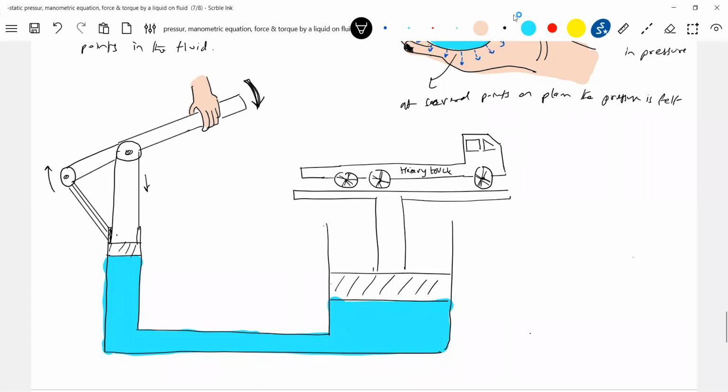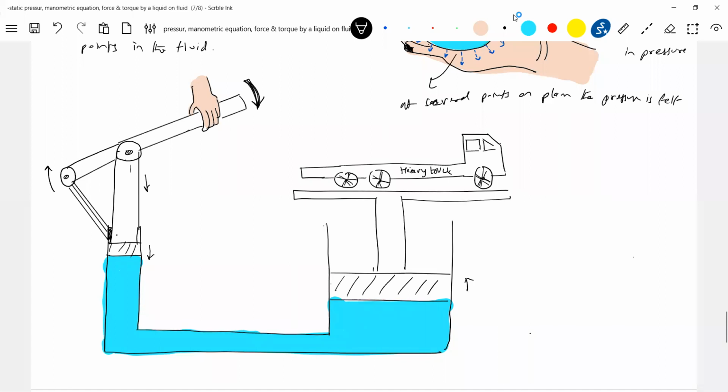Do you agree? This will be fixed to this particular connection here. So as I press this, this will move down, then this will start moving up. So I think I'm able to lift the truck.